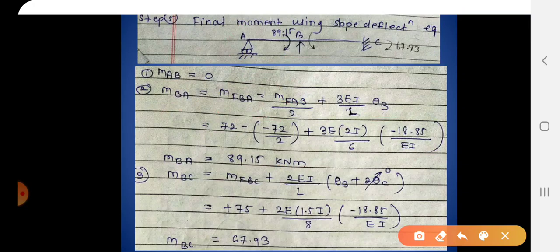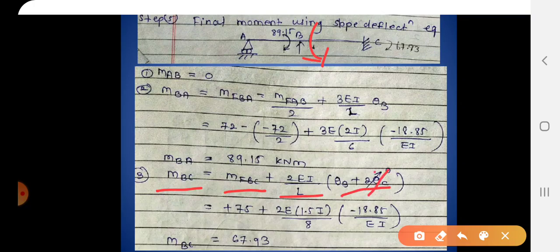Now go to the third value, MBC. Again check the support conditions. For MBC, B is the near end, C is the far end and it is a fixed support. Therefore we will use the standard, that is normal, slope deflection equation: MFBC plus 2EI by L (theta B plus 2 theta C).